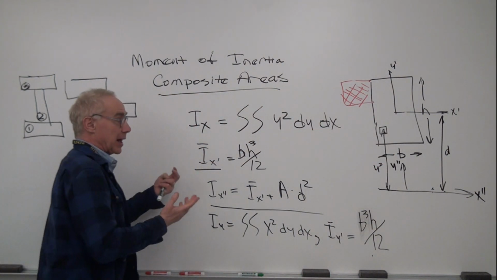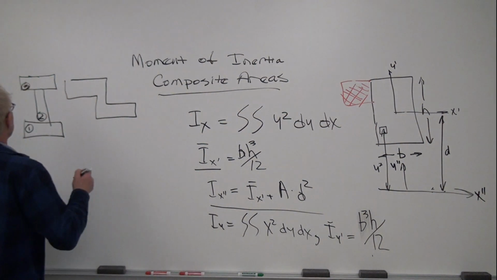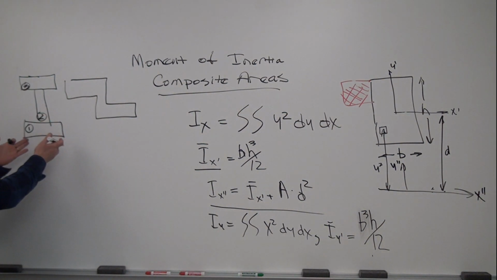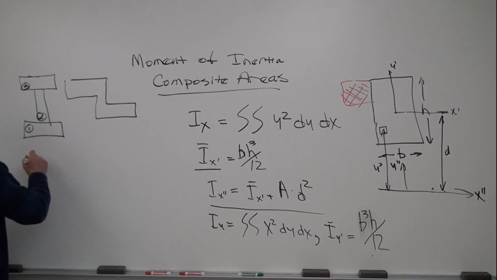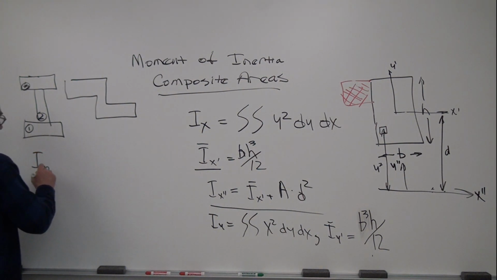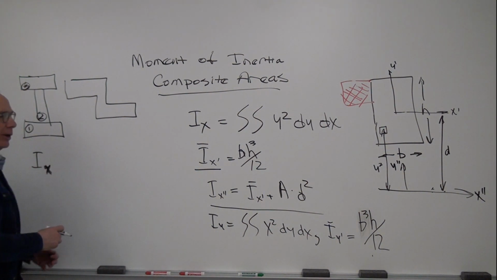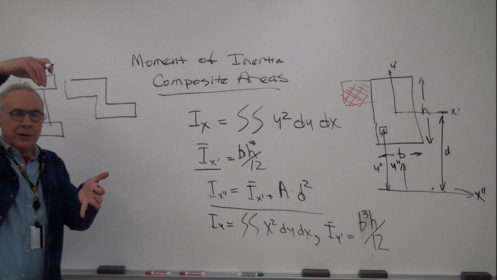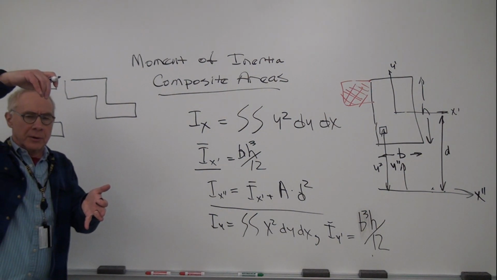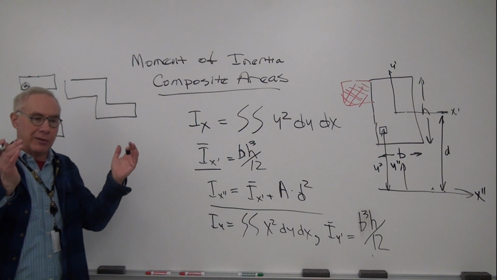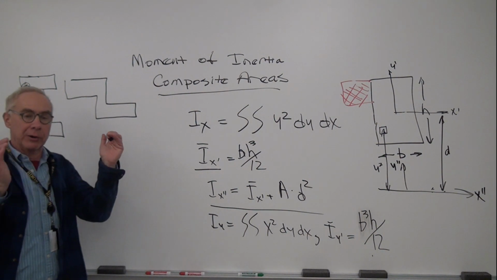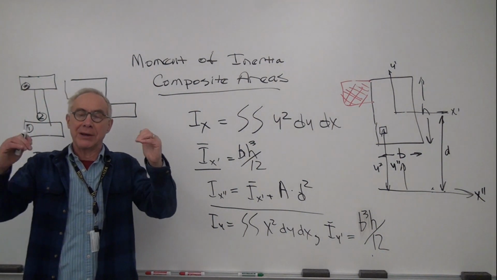All right, so going by that kind of logic and looking at this I-beam here, you might realize that the I value could be both in the y direction or in the x direction. I'm going to do it for the x direction because typically that's more important, because we have our bending stresses vertically, and we're concerned about bending moments.